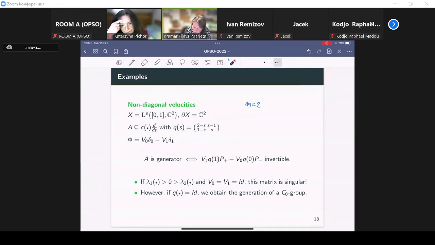But if they are of the opposite sign, and even if we take the identity matrix here, then when you compute this matrix, I don't have time now to compute it, but if you compute it, you will get a singular matrix. So you see that this coefficient is important. But if you take like identity, then we obtain the generation of the C0 semigroup.